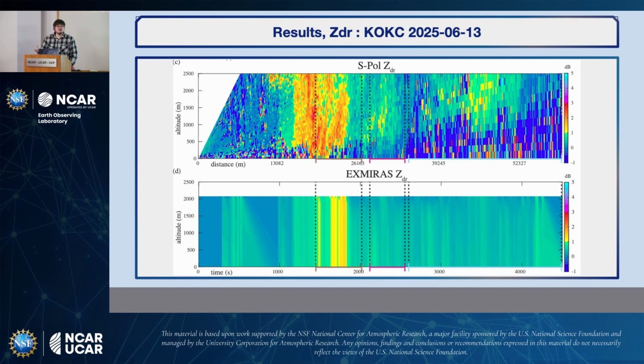So it's harder for the variational methods to actually converge onto a great solution for differential reflectivity, unlike we can see in the reflectivity plots. But the errors are not terrible. We end up getting about 0.5 to 0.3 dB across the board.